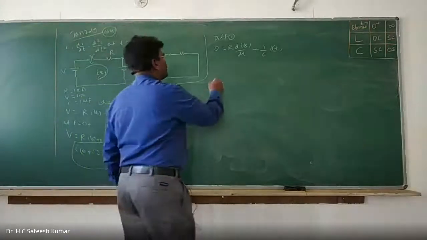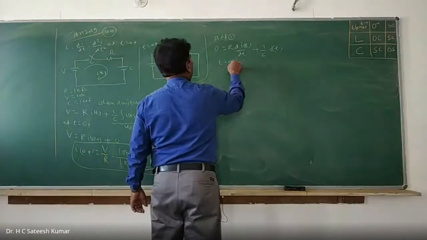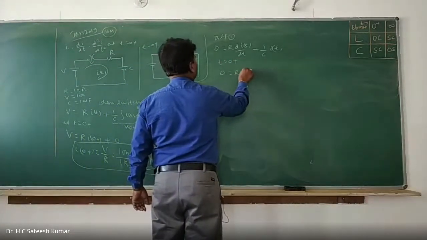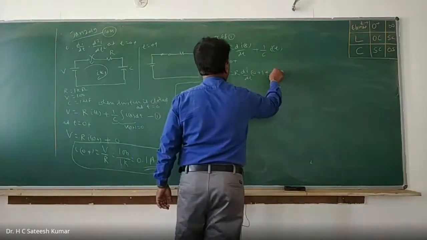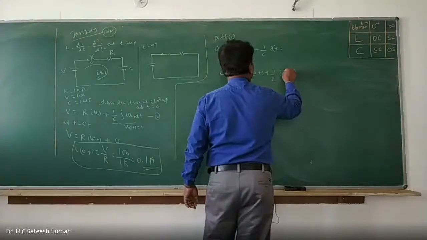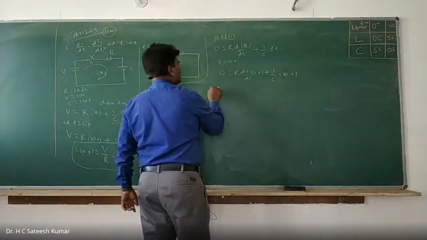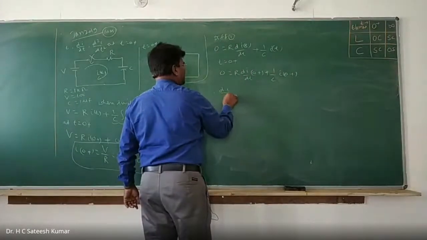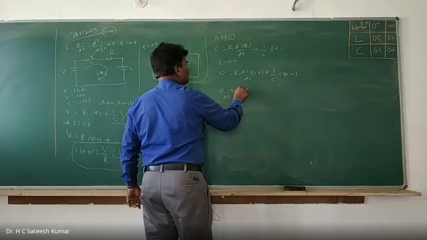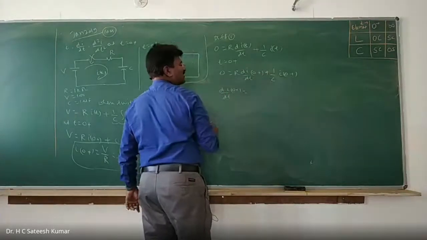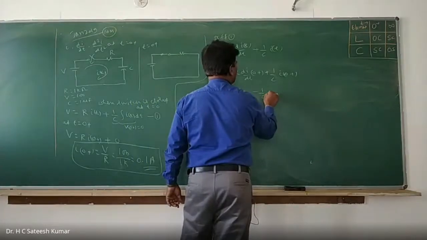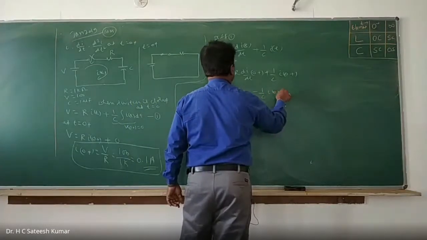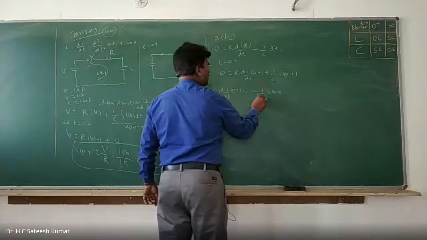At t equal to 0 plus, 0 is equal to R into di by dt at 0 plus plus 1 by C into i of 0 plus. To transfer this to the left hand side, we get minus 1 by C into i of 0 plus, and R goes to the denominator.